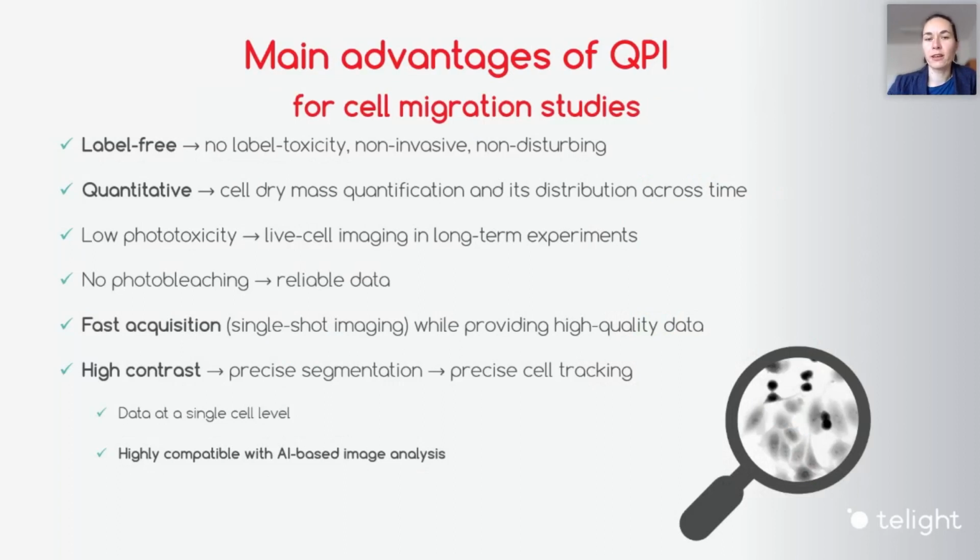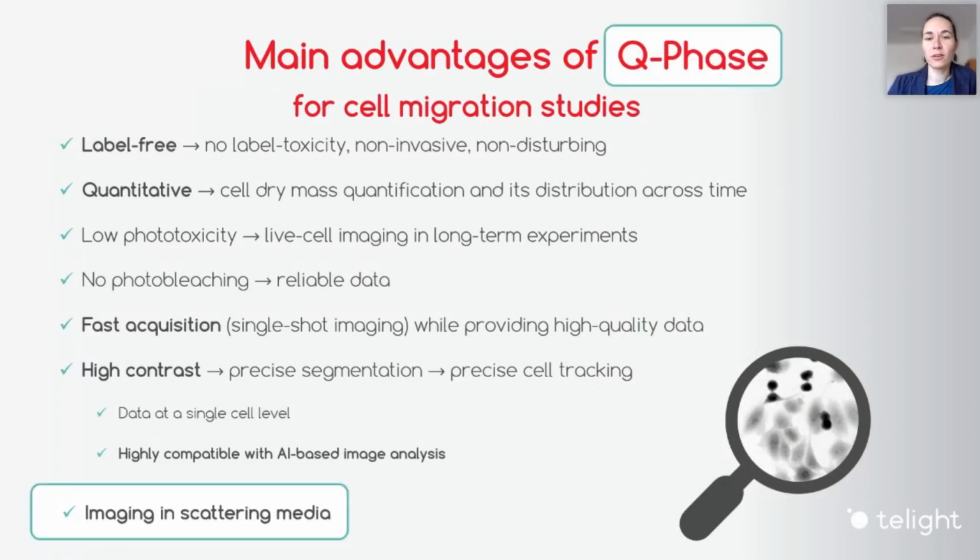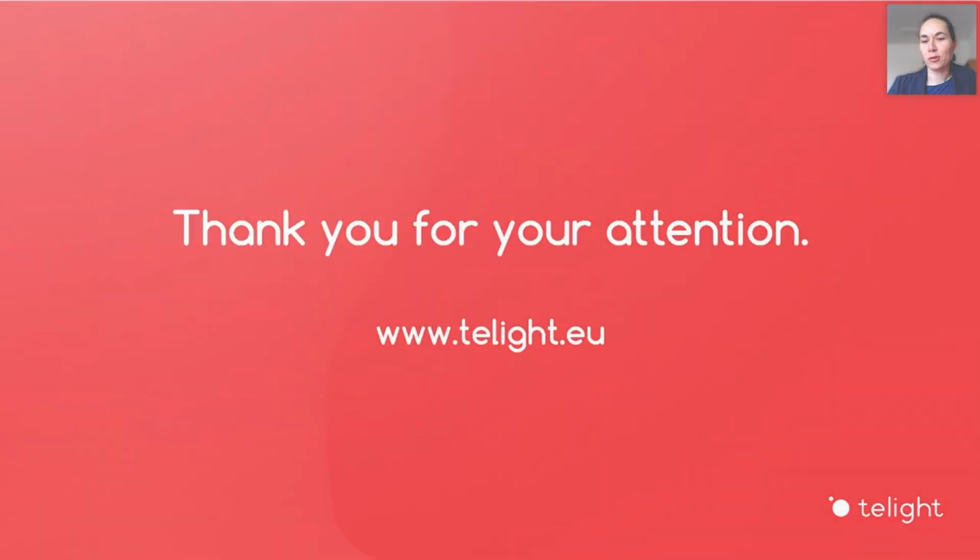And if you don't want to waste your time with the analysis, you can load the data into some AI-based analytical software, and the QPI data are really suitable for this. The special advantage of our microscope, the Telite Q-phase microscope, is that you can even study the migration in the scattering media. So that was all from my side today.